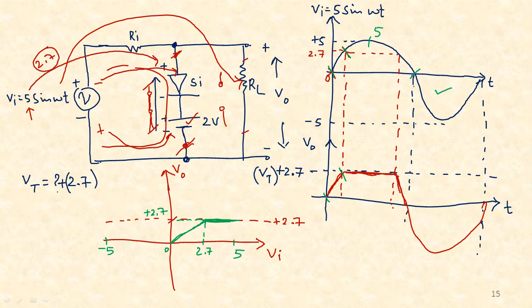Then coming to the negative portion, the output voltage is just following the input voltage. That means when the input goes from 0 to -5, the output also goes from 0 to -5 in a linear fashion. That's it. This is how the output looks.